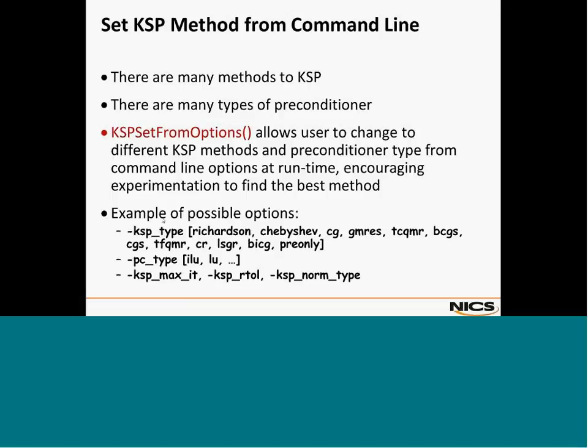When it comes to KSP, there are many types of preconditioners you can try, and with set from options you can change different methods and different preconditioners. This is what you can pass from the command line: you choose the method, you can pass different preconditioner types, and you can say what the maximum number of iterations is and the tolerance.